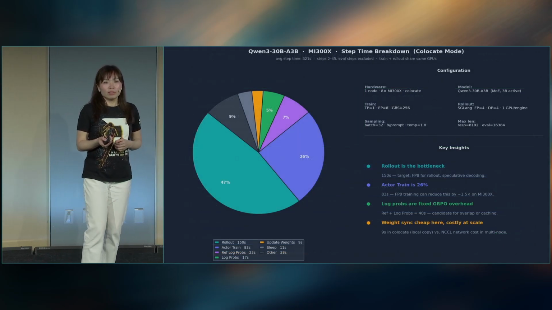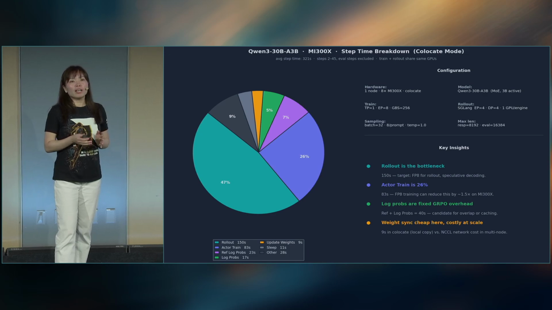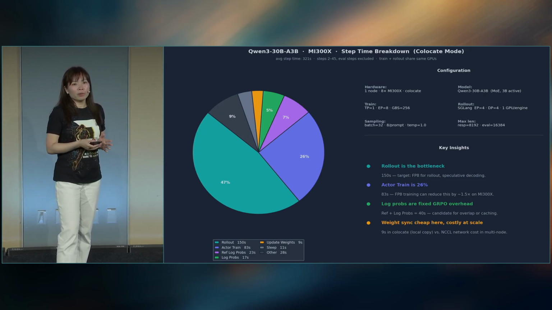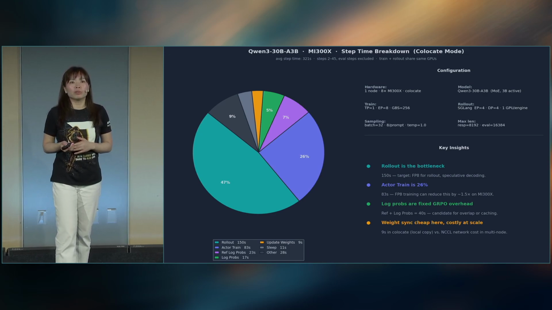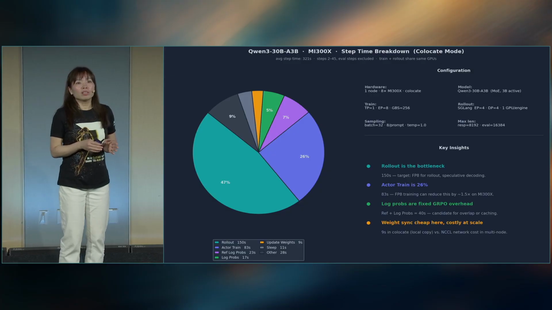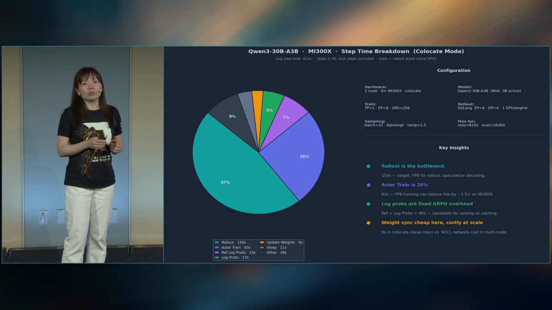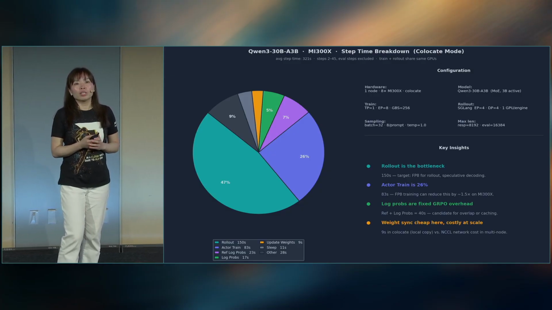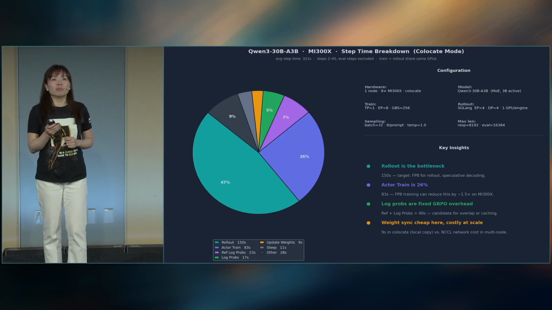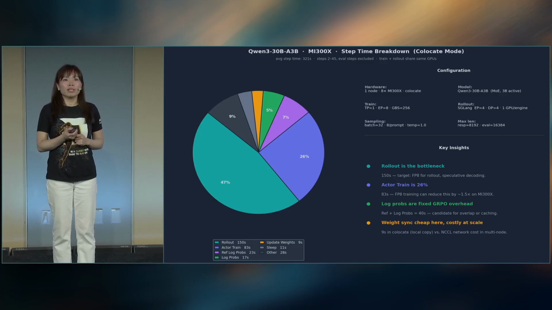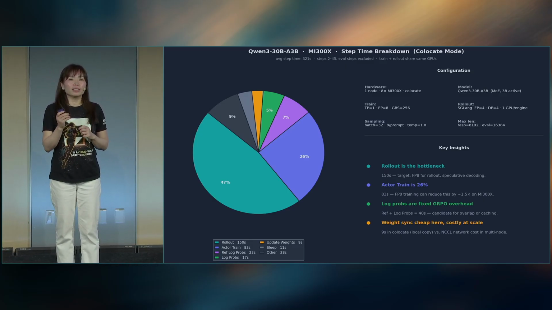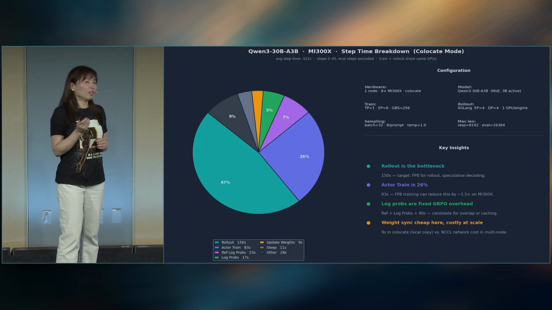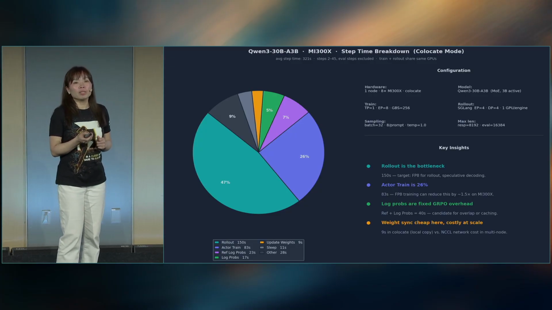Now, with these major updates in both the rollout phase and the training phase, let's see where the time goes in the end-to-end RL workload. This is the experiment with the Qwen3 30B-A3B model. The pie chart shows the step time breakdown.